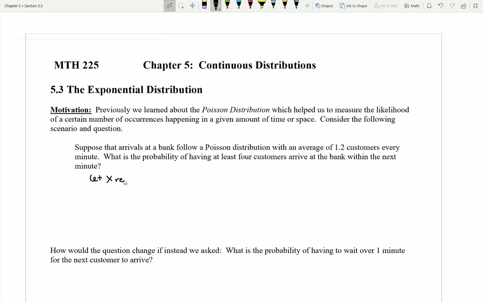Let's let x represent the number of customers that arrive at the bank within the next minute.